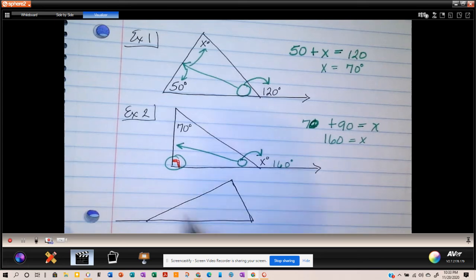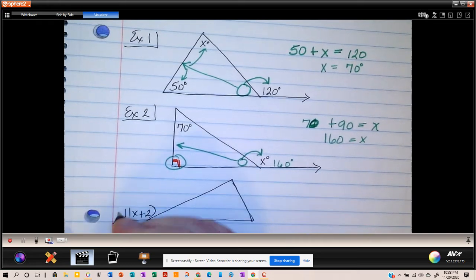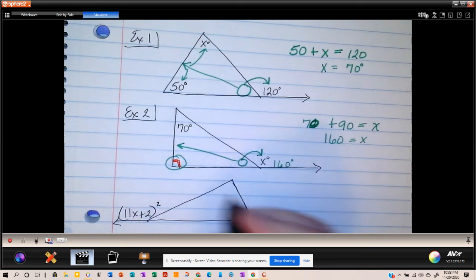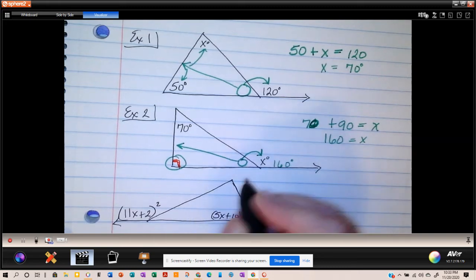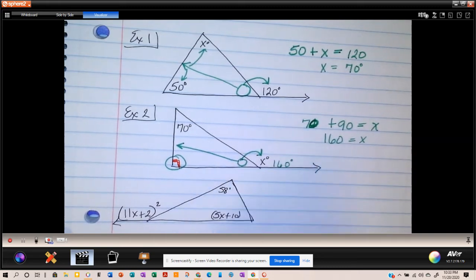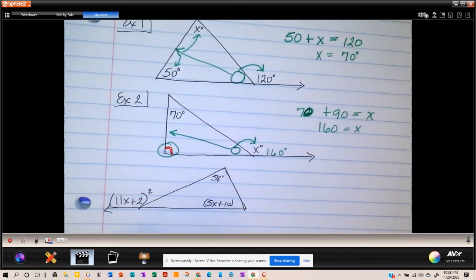Okay, so I have a ray going to the left this time, and outside it I have 11x plus 2. And on the inside I have 5x plus 10 and 58 degrees. And this one is sharing the red corner. Let's look at the red corner.